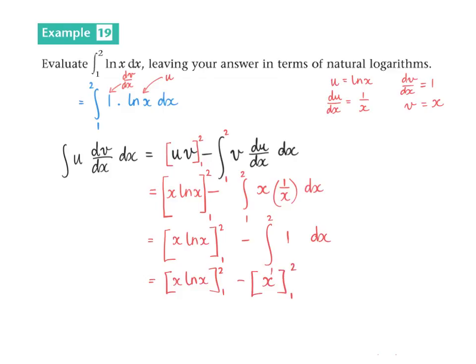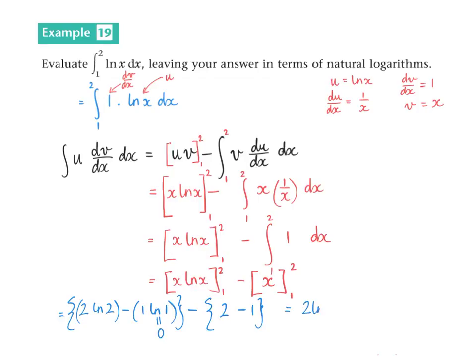Pop your substitutions in, and we get 2 natural log 2 minus 1 natural log 1, and then from this part we get 2 minus 1, and then our final answer is going to be, now remembering from your natural logarithms, ln of 1 is 0, so that goes out altogether.